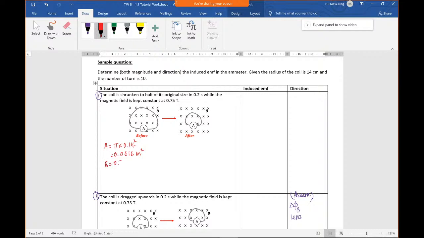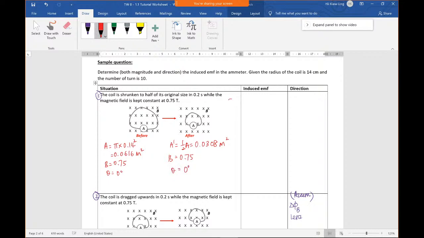Magnetic field 0.75, and theta is 0 degrees. Now your A prime is reduced to half of the original size, so half of your A. So it's 0.0308 meter square. Magnetic field remains constant, the same 0.75. Theta doesn't change, equals 0.